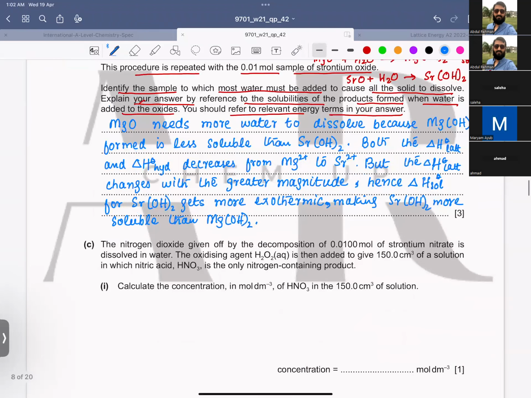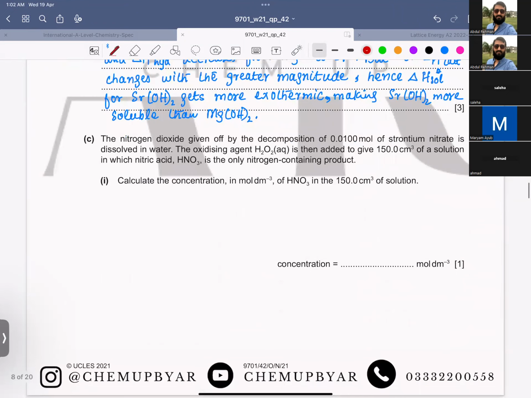Okay, now next part. The nitrogen dioxide NO2 given off by the decomposition of 0.01 mole per dm cube strontium nitrate is dissolved in water. The oxidizing agent H2O2 is then added to give 150 centimeter cube of a solution in which nitric acid is the only nitrogen containing product.